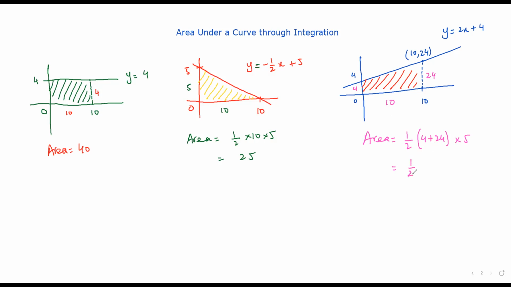Sir, half, height is 10. Oh, sorry. Thank you. Height is 10. This is half into 28 times 10. So you were correctly saying this is going to be 140 units over here.